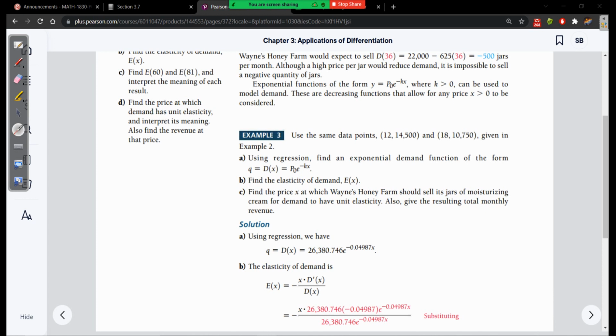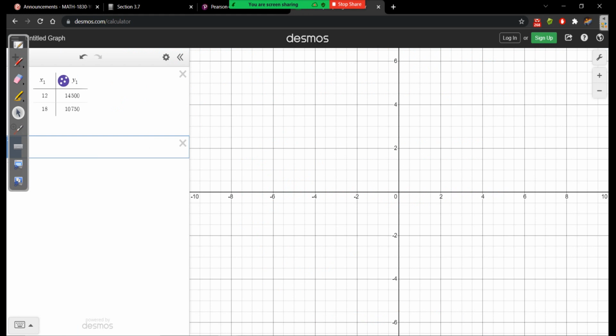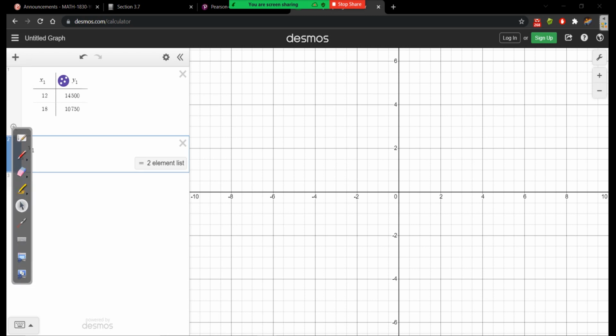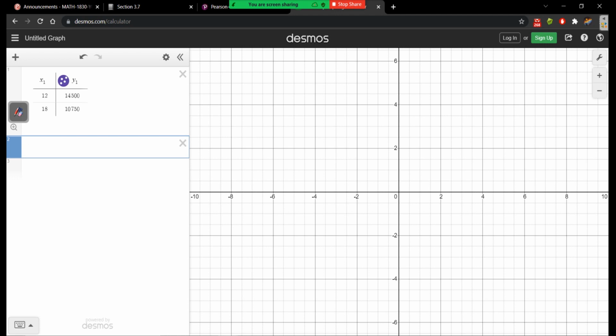So let's go back to Desmos and write it one more time. We're going to do y1, and let's move this table one more time. I'm typing lowercase y, and then I'm just hitting the number 1, no shift.